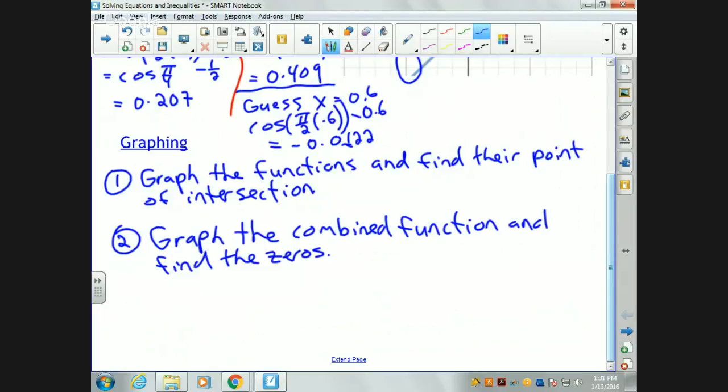Both of these ways accomplish the exact same thing, but just conceptually, you should understand that we can find the intersection point, or we can combine the two functions and find the zeros. Either option obviously works.